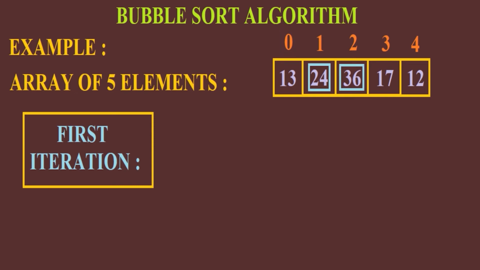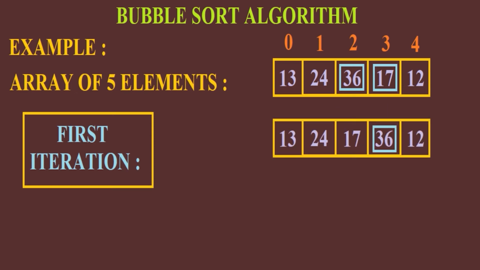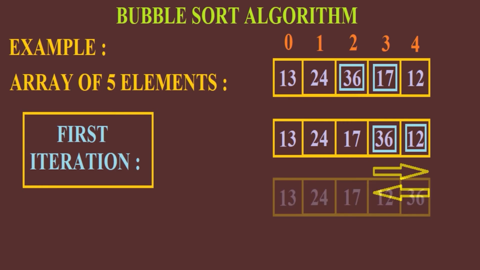Then 24 and 36 will be compared, and as 24 is smaller than 36, it will remain in its same place. Then 36 will be compared to 17, and since it is greater than 17, they will interchange positions. Then 36 and 12 will be compared, and since 36 is greater than 12, they will again interchange positions.